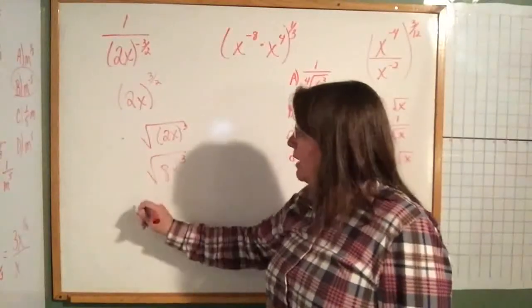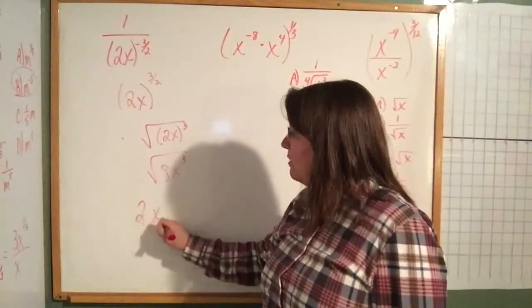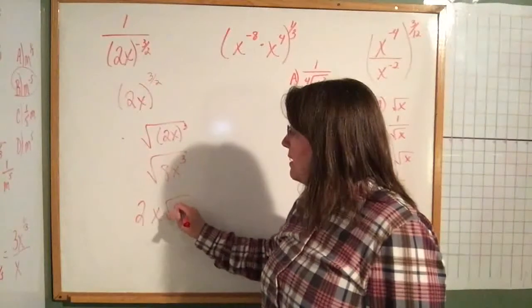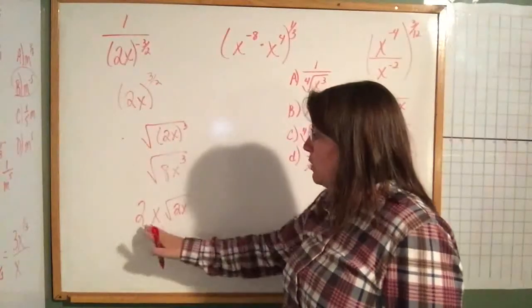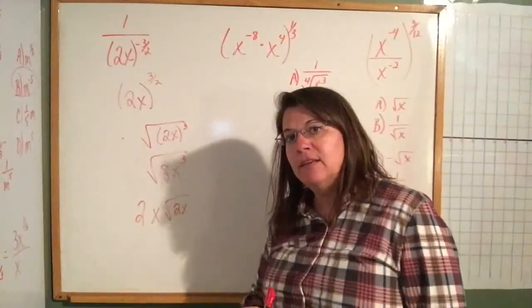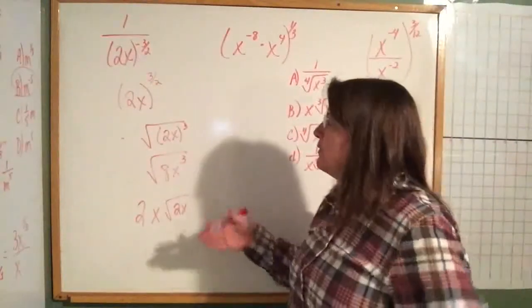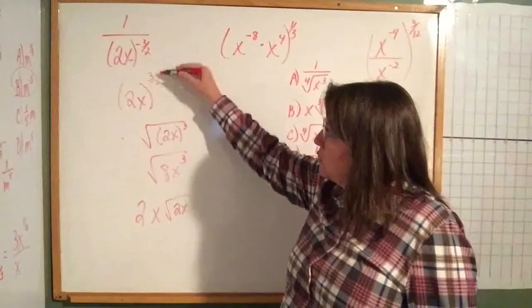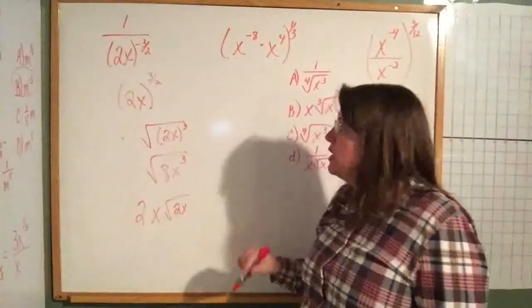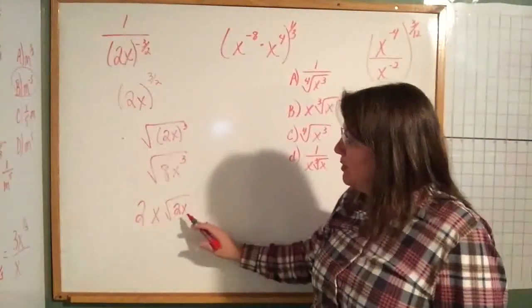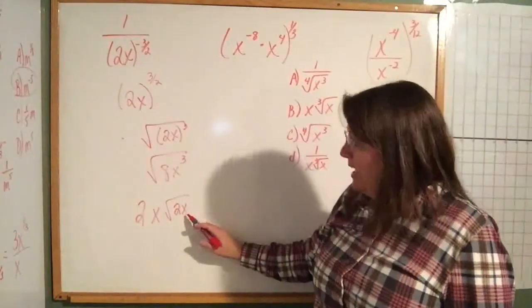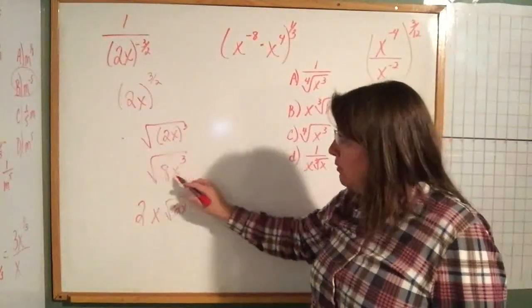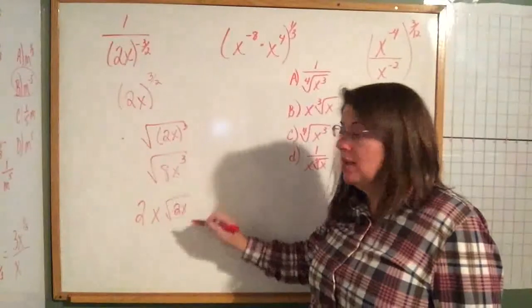We can bring a 2 out, we can bring an x out, and that's the same thing as a 2x inside, so that's 2x times the square root of 2x. So really, all of those different things are equivalent to each other. The 2x to the 3 halves is equivalent to the 2x times the square root of 2x, and that's equivalent to the square root of 8x cubed.